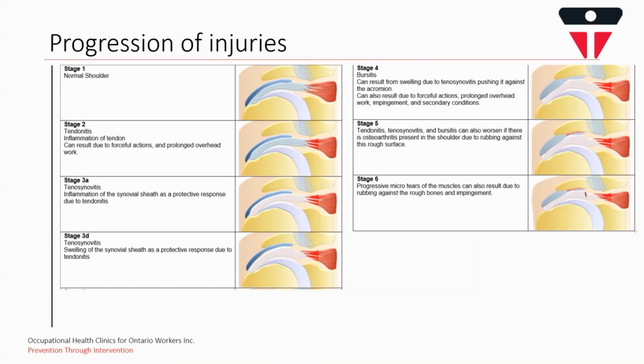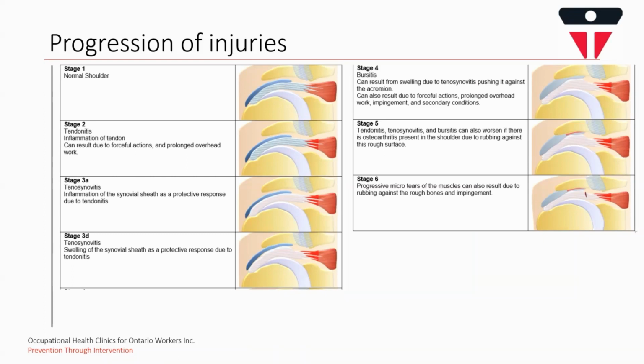Then we also get swelling of the synovial sheath as a protective response of the tendonitis as well. This in turn can lead to the development of bursitis, which can result from swelling due to the tenosynovitis pushing it against the acromion. It can also result due to forceful actions, prolonged overhead work, impingement, as well as secondary conditions I've already mentioned.